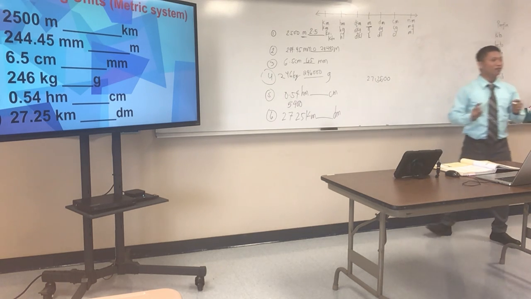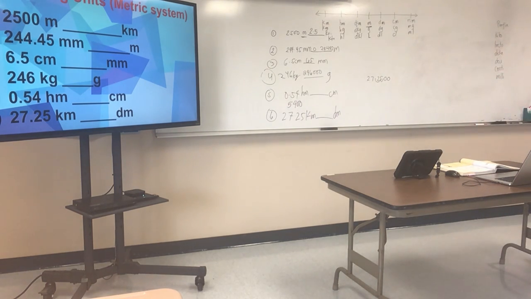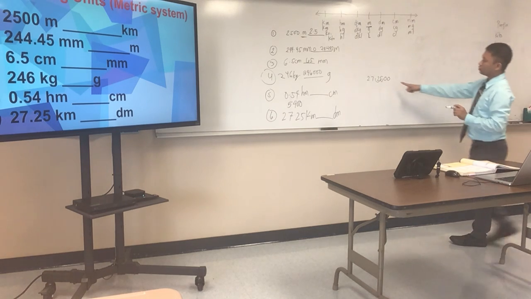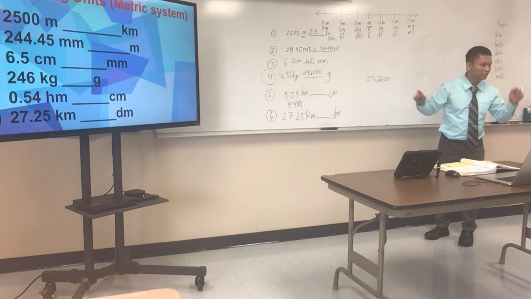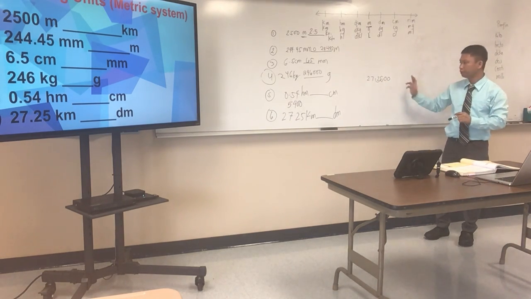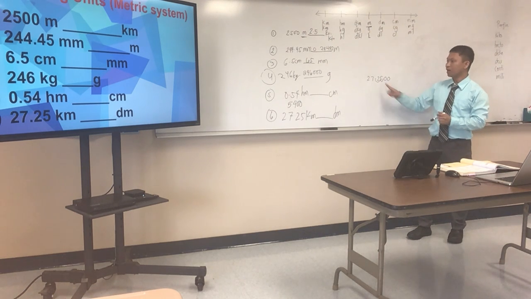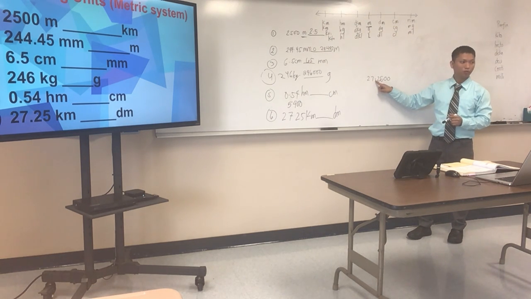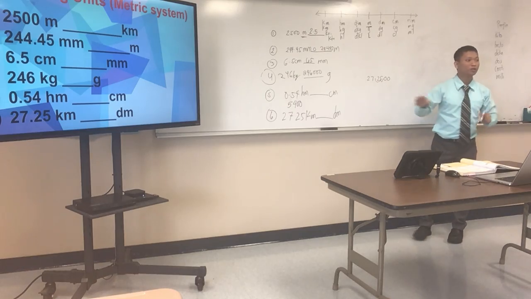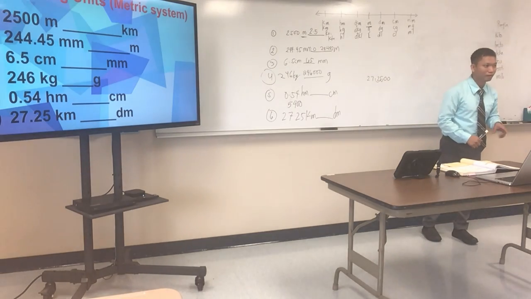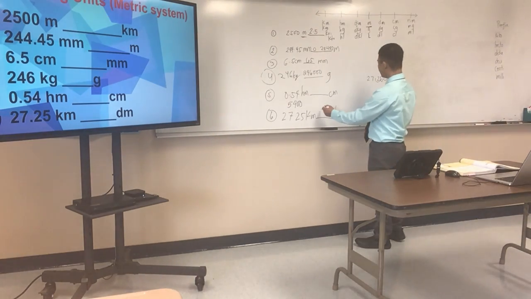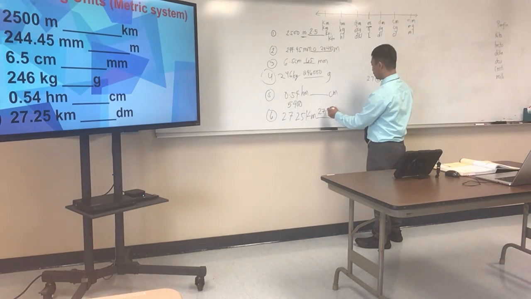If there's no number after, you just add 0. Okay, and that would be our answer. Do we still have the decimal between 7 and 2? No, because it already moved. So our answer here is 272,500.